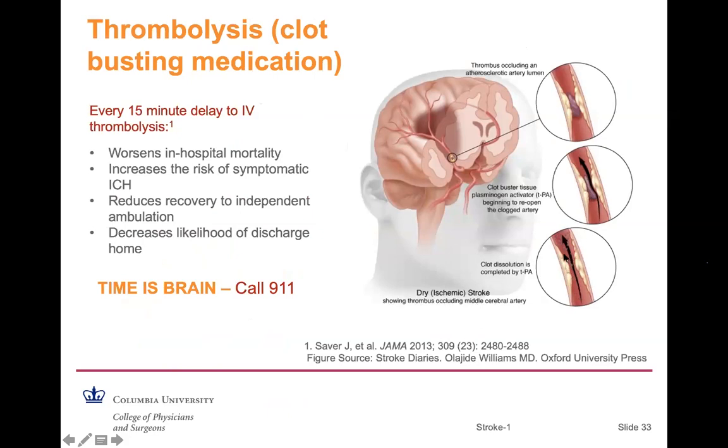And so the quicker we get this medication in the patient's system, the more brain cells we can save. The difference of 15 minutes can really affect millions and millions of brain cells. That increases your risk of death and decreases your recovery. And so this is why we say time is brain.